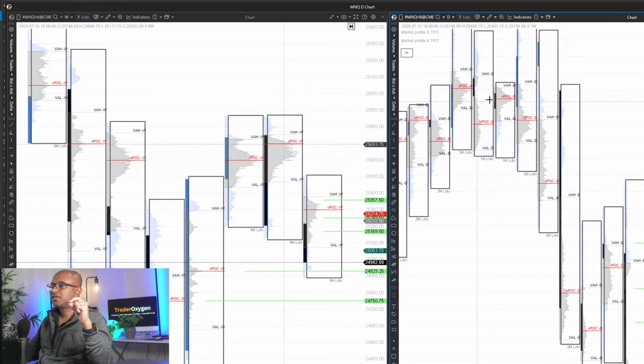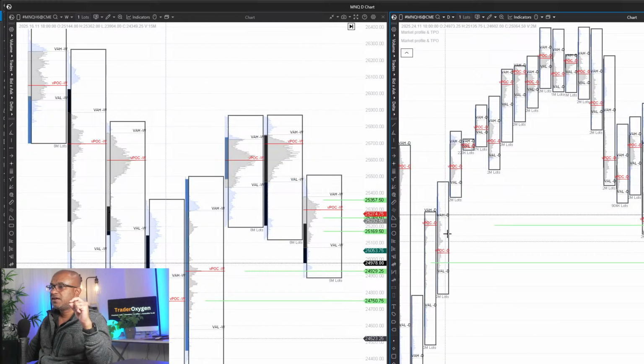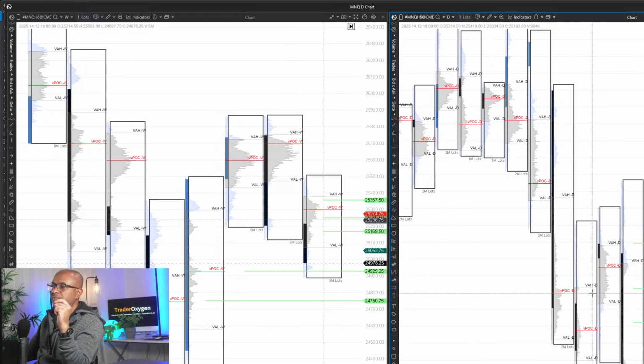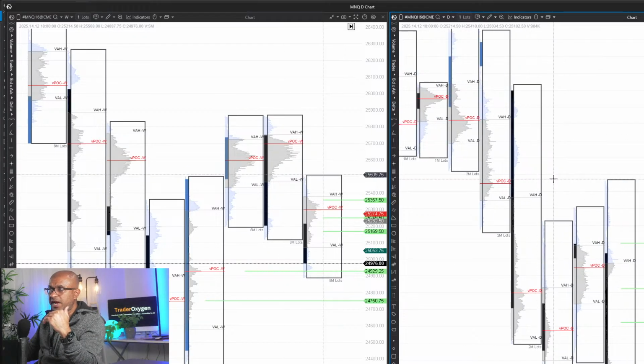On the daily, price action pushed up, pushed down, and if you look at this most recent price action, a huge bearish candle, a huge price push down. If this is the retracement, the retracement in the daily chart came to one of the previous days' volume point of controls, which can now act as resistance in this area, right?